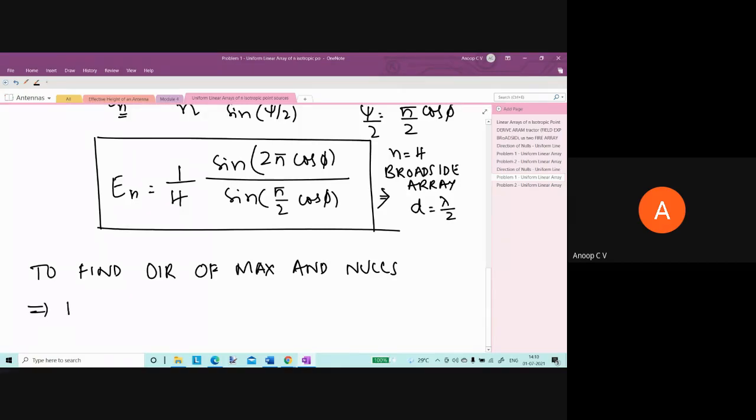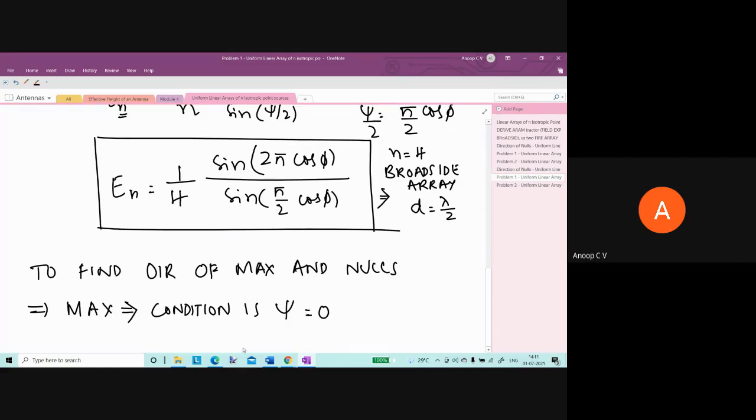And for maxima, what was the condition? Can anyone tell me the condition for maxima? The condition for maxima, which I discussed yesterday, is ψ should be equal to 0.